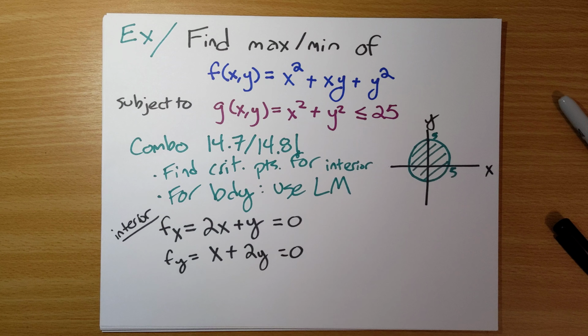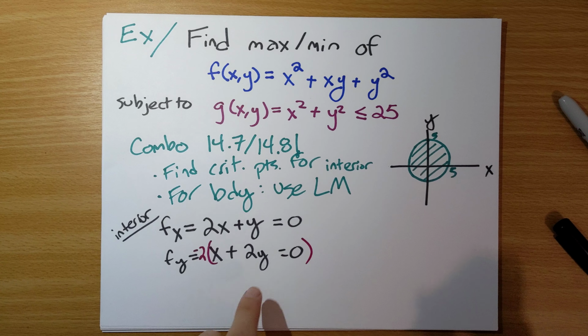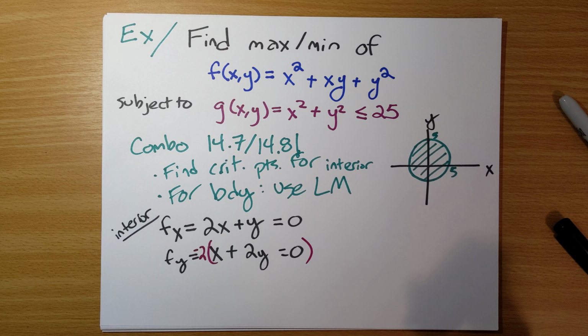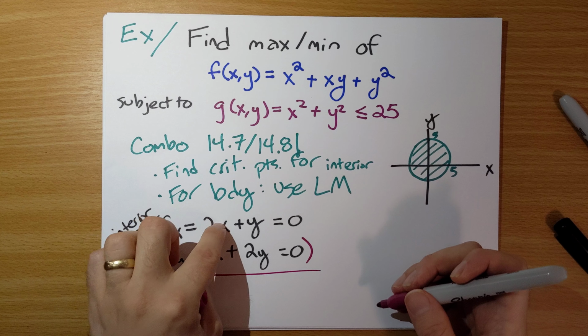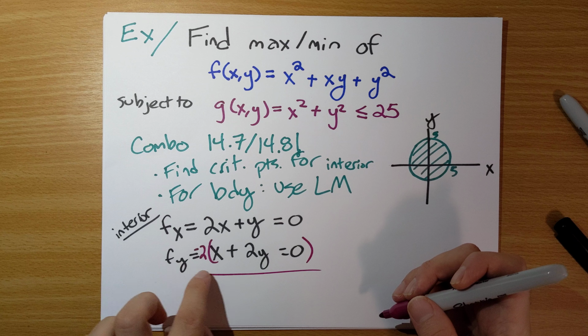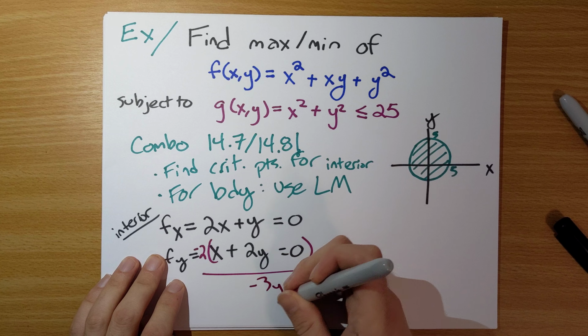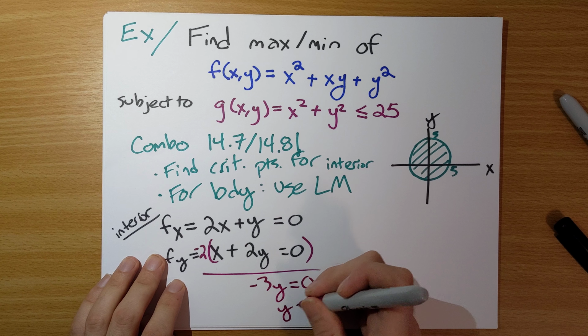Let's see, if we subtract twice the second equation from the first equation, 2x minus 2x will give us 0. For y, there will be a minus 4y. y minus 4y is minus 3y, equal to 0.